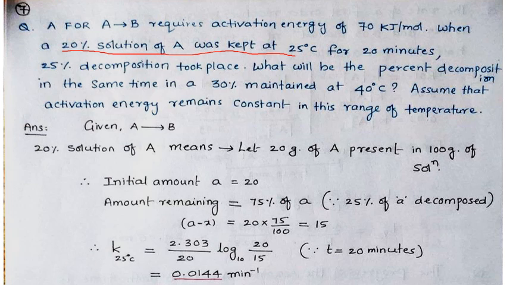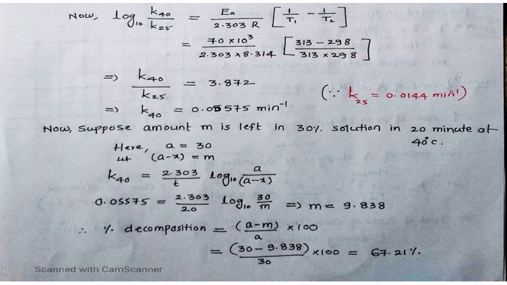The question has not been completed. Next, check the question at 25 degrees and at 40 degrees centigrade. So apply the formula log10 K40 by K25 equal to EA by 2.303 R into 1 by T1 minus 1 by T2.